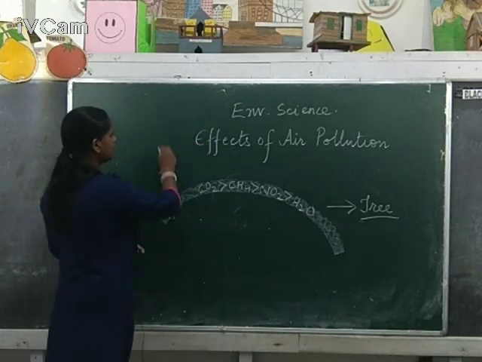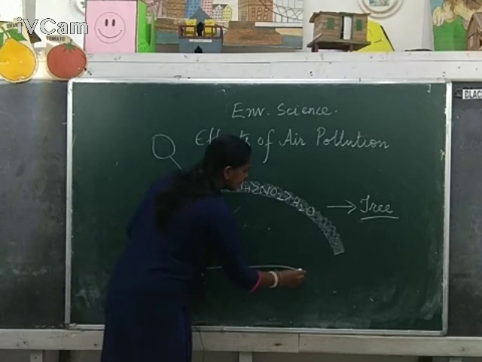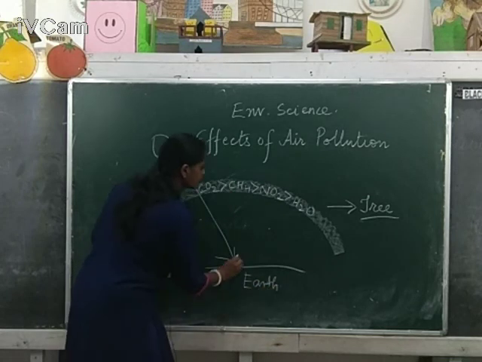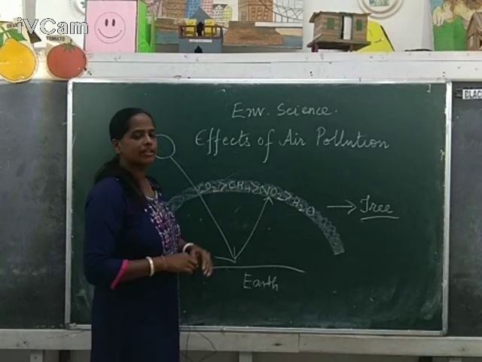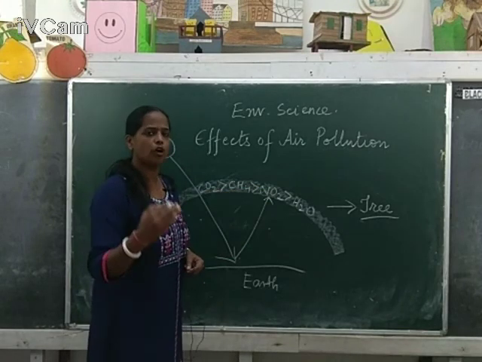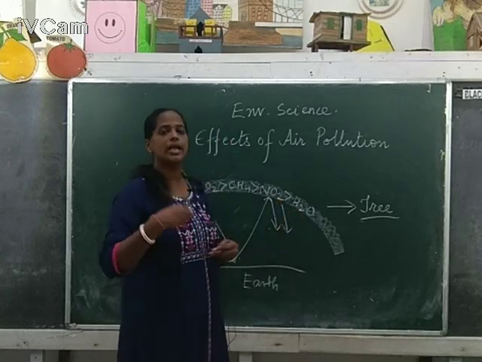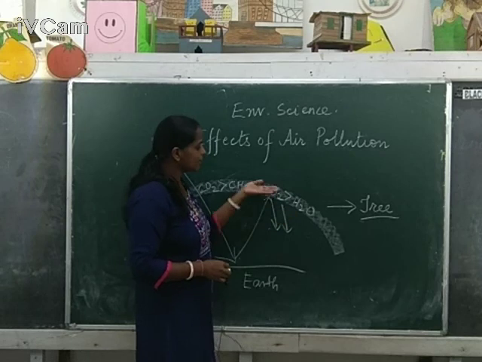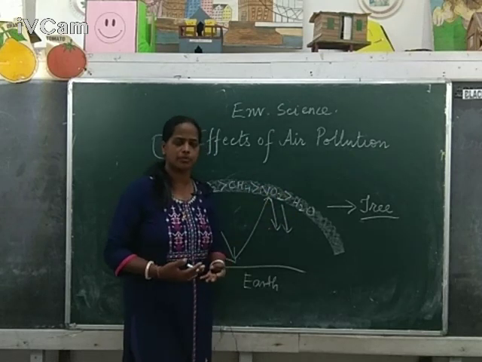Now, like a greenhouse, the sun's rays fall on the earth, but when they try to get reflected back, this layer of gases acts as a blockage, and most of the rays which should have escaped back to space get re-radiated back into the troposphere.